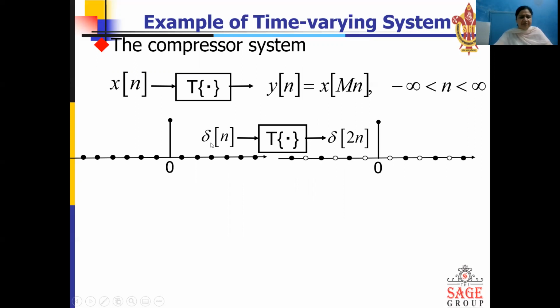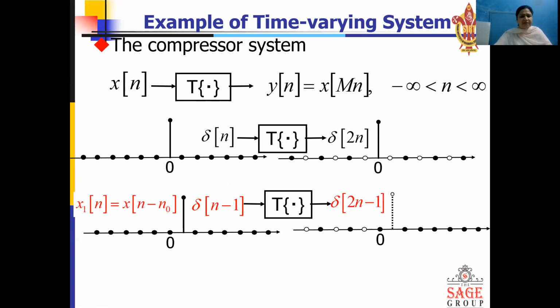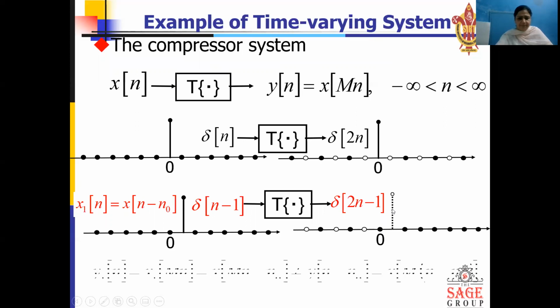Now say the input is delta[n], we should get the output delta[2n]. Now when we shift the input by 1 unit, delta[n minus 1], the output will be delta[2n minus 1].